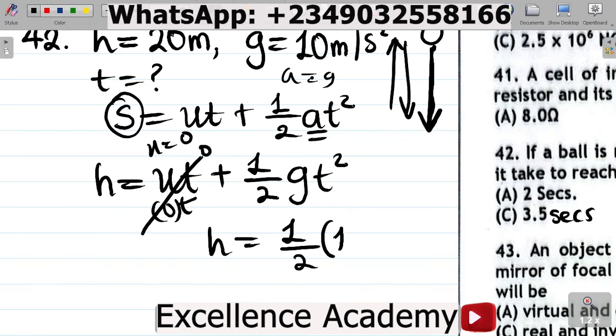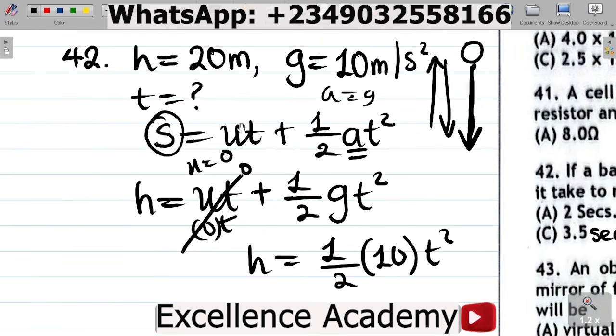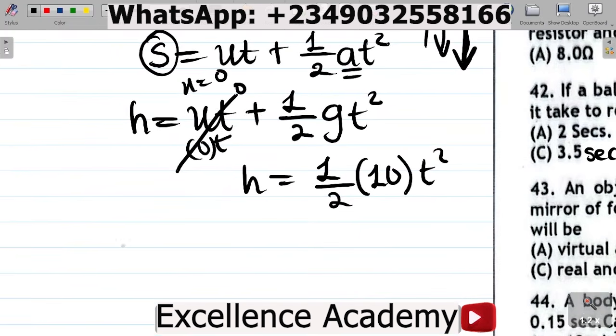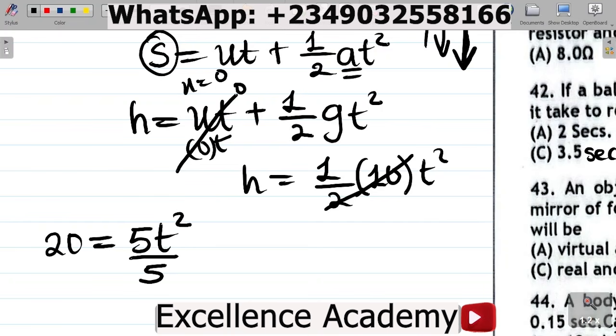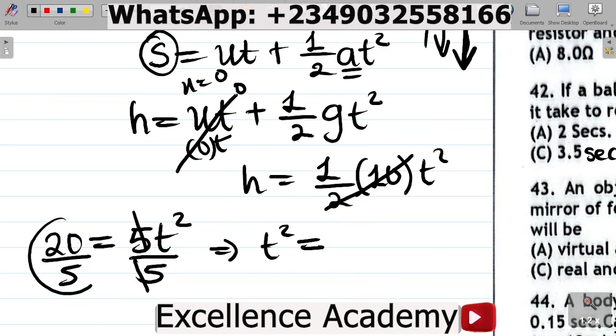The value of g is 10, and then t squared. What's the value of h again? That value is 20. So you have that 20 is equal to half of 10 is 5, so 5t squared. Divide here by 5. Divide here by 5. This cancels this. You have that t squared is equal to 20 over 5.